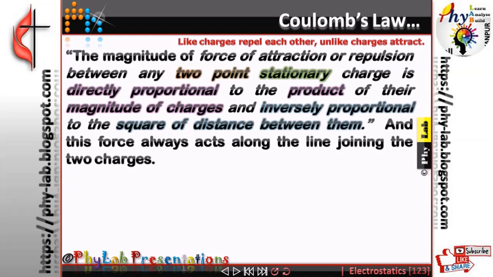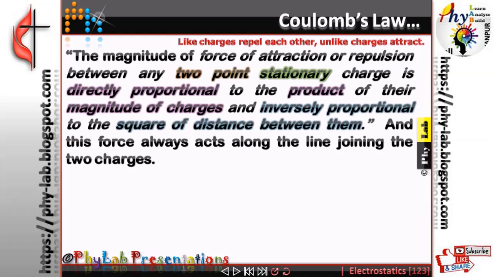The second most important aspect is that Coulomb's law is applicable only for two, that means a pair of point and stationary charges. So it acts between a pair of charges, and the charges should be point charges.